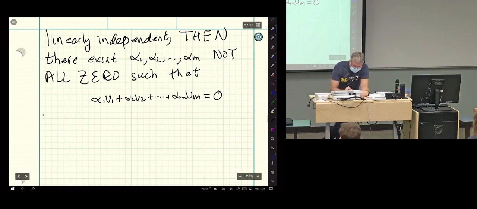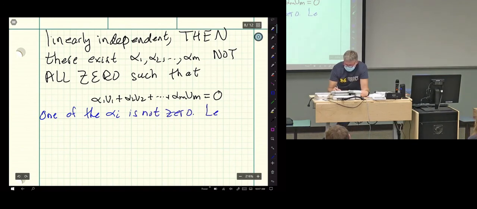Okay, so one of the alphas is not 0. Could be 2 of them, could be 3 of them. Let's just suppose it's alpha 1.